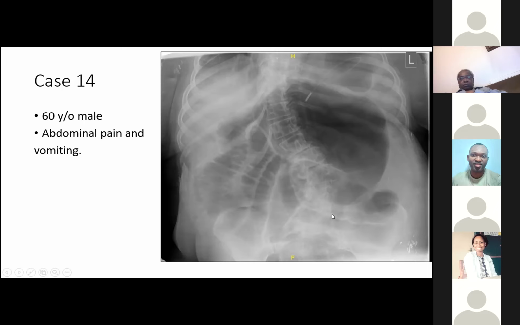And statistically speaking, if you see a large gas-filled viscus like that, and if it's large bowel, it's going to be a volvulus. In terms of volvulus, there are three types: sigmoid volvulus is the commonest, then cecal. The least common is transverse colon, which is extremely rare. I've probably seen it once in 15 years.